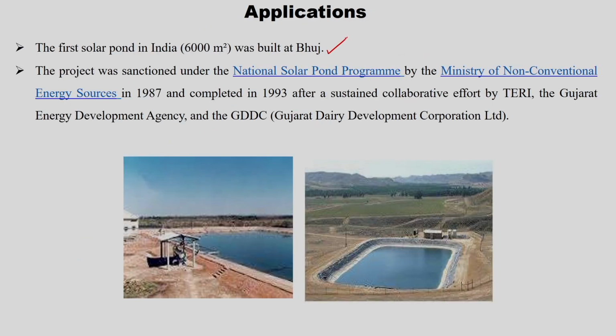The commercial application: the first solar pond in India, about 6,000 meters squared, was built at Bhuj, which is in Gujarat.